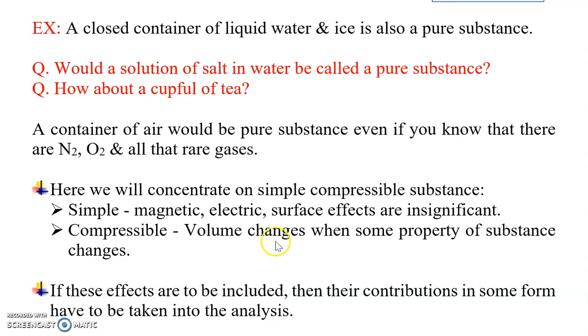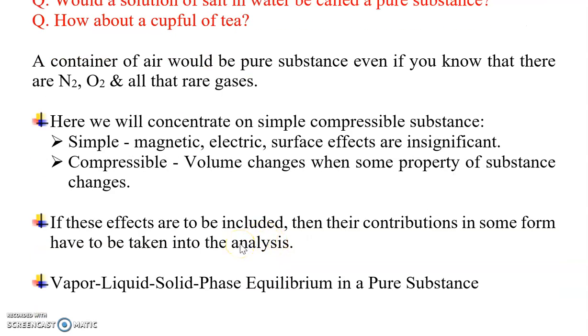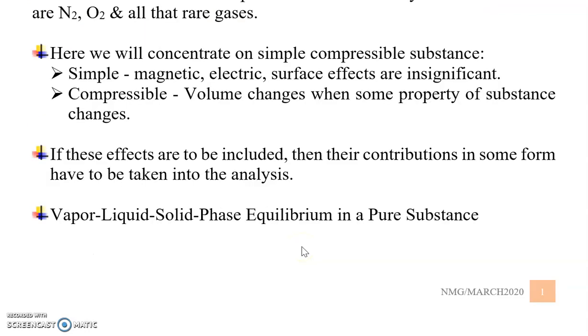That's compressible. Now, if these effects like the magnetic, electric, surface effects are to be considered, then their contributions in some form have to be taken into the analysis. It may involve additional equations, additional property tables. It's quite complex, but it can be done.